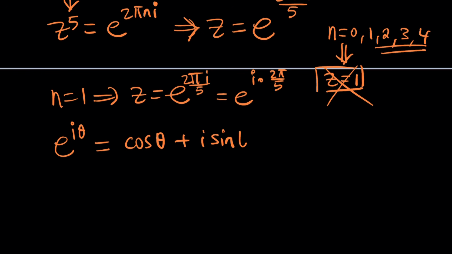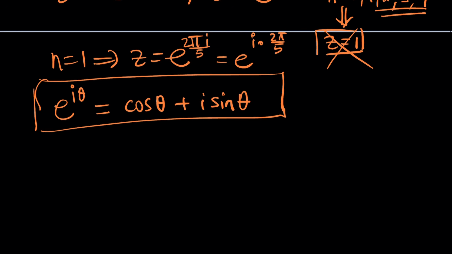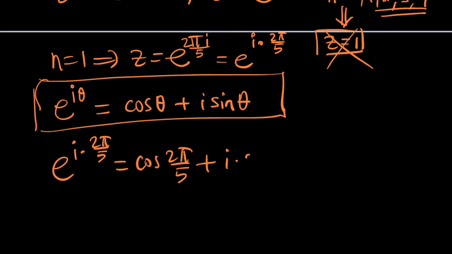So he gave us the most beautiful identity in mathematics. Now, using this identity, obviously, we can turn something exponential into trigonometric along with i. So this is unbelievable, right? Don't you think? So e to the power i times 2 pi over 5 becomes cosine of 2 pi over 5 plus i sine of 2 pi over 5.